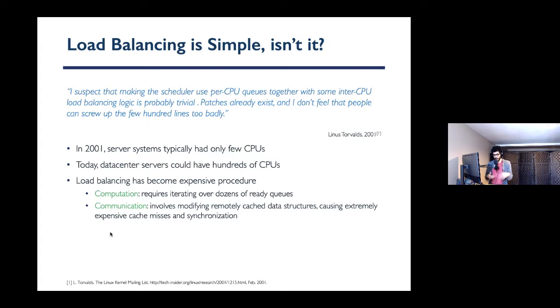This is a kind of mathematical optimization problem, right? Calculating the load and deciding which task has to migrate, which task has to stay. So all of this is, okay, load balancing is costly.